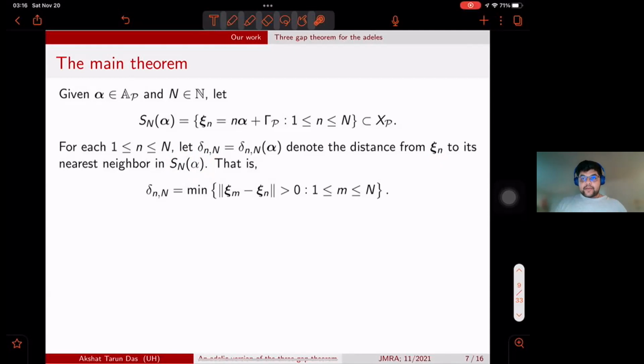When we are talking about gaps in the classical version, that is going to be defined as the nearest distance to the right. So there's a particular direction in which you look when you're considering the nearest neighbor for any particular element k alpha. But here we are not doing that. We are just considering the nearest neighbor. But things still work out for us, I just wanted to point out that technical detail.